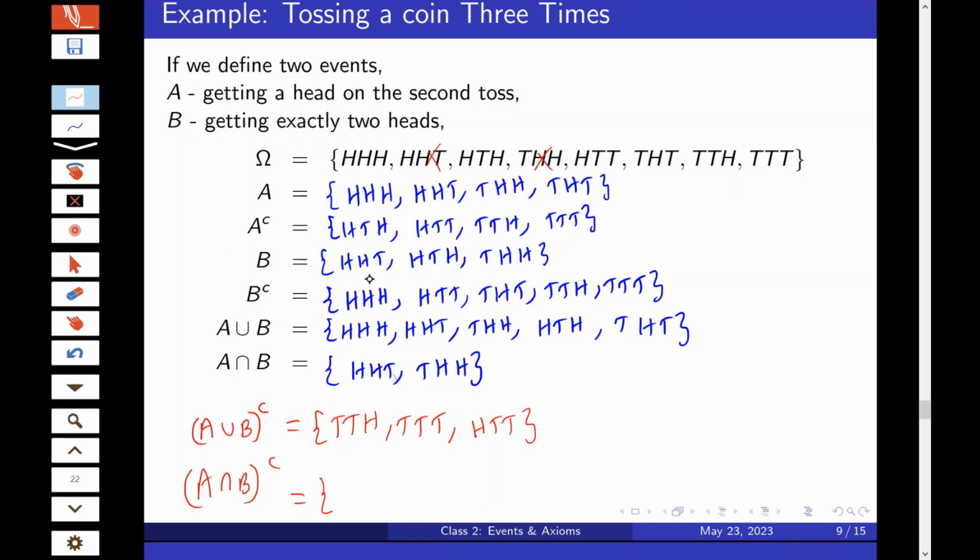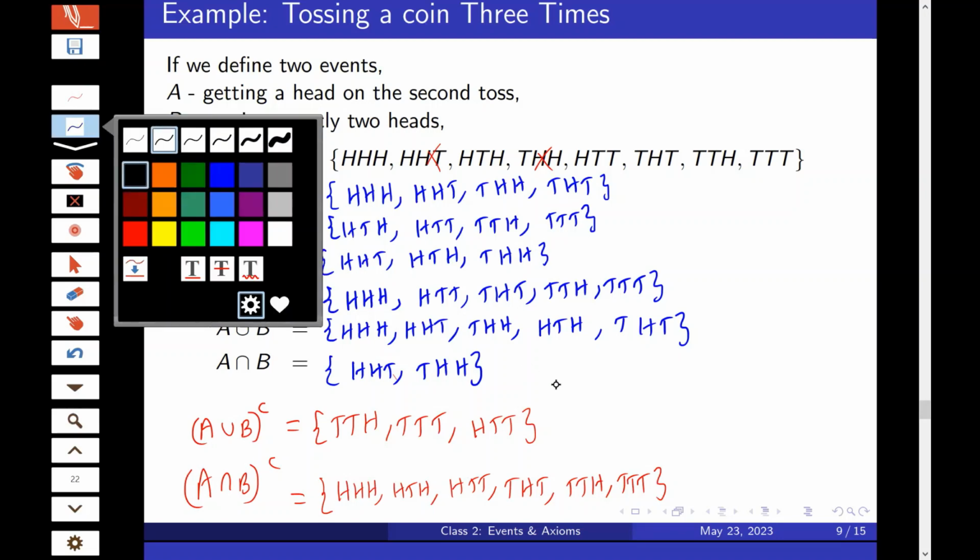So except these two, we have to write down all the items: HHH, HTH, HTT, THT, TTH, and TTT. So these are the items in A intersection B complement.